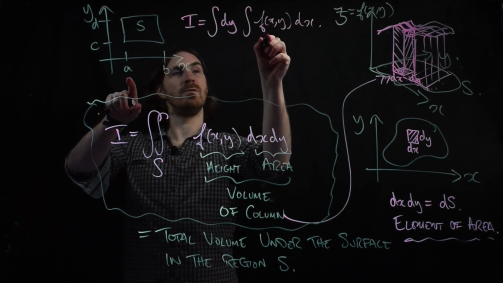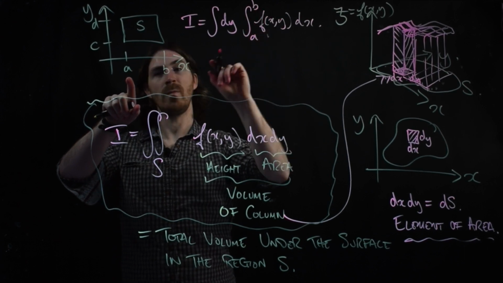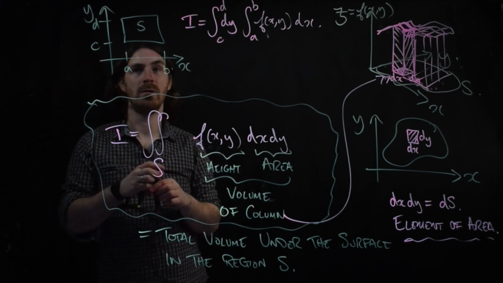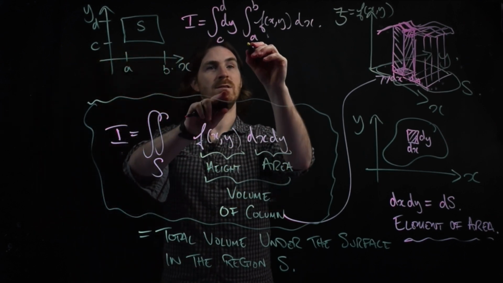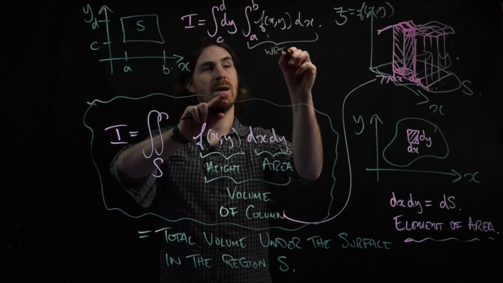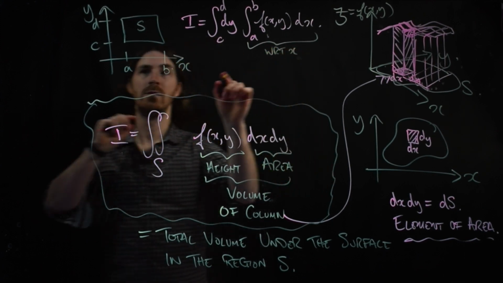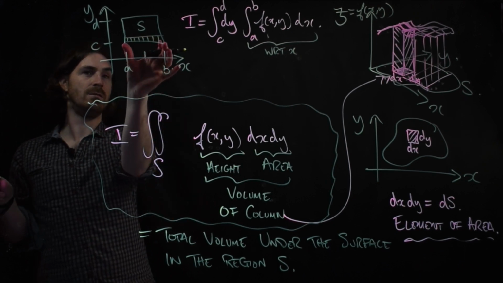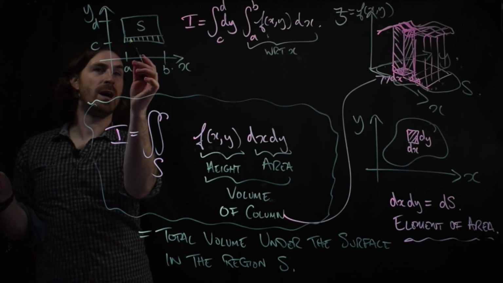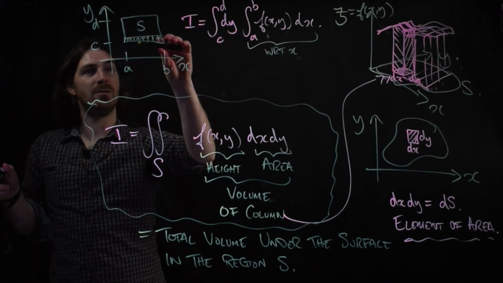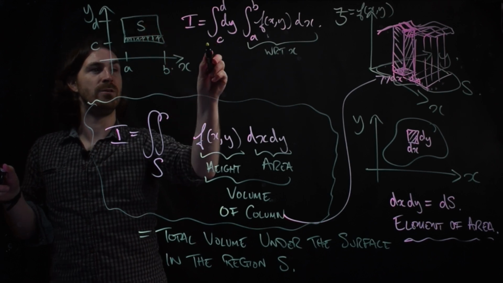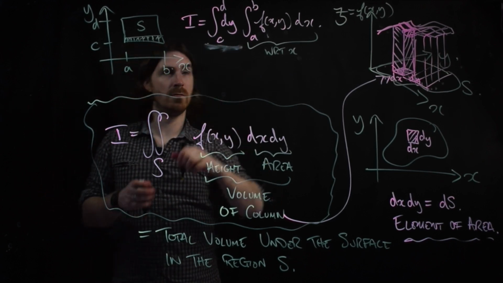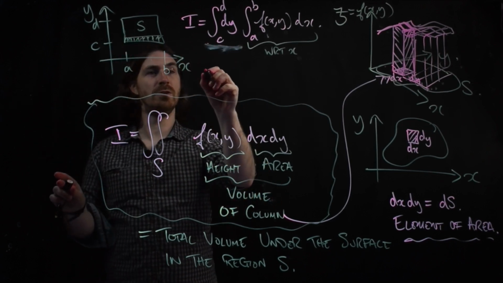So we do the integral over x from A to B, and then we do the integral over y from C to D. What this means is this integral is done with respect to x, holding y constant. So this is thinking about little strips at constant y, and we add these all up, and then we add all these horizontal strips when we do the integral dy. And it doesn't matter which order you choose.